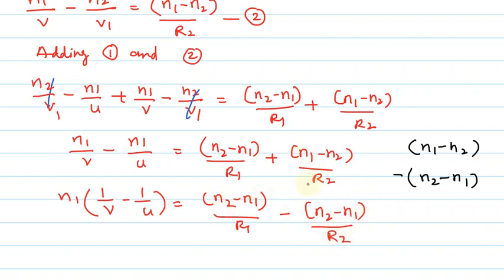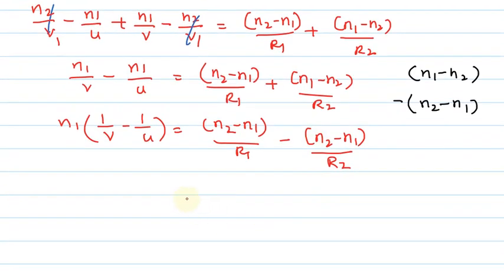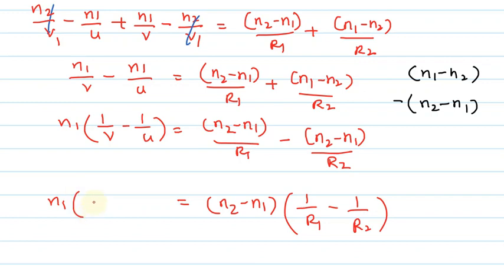Now on the RHS we can take N2 minus N1 common. Then we can write this as N2 minus N1 of 1 by R1 minus 1 by R2. So on the LHS side we have N1 of 1 by V minus 1 by U.